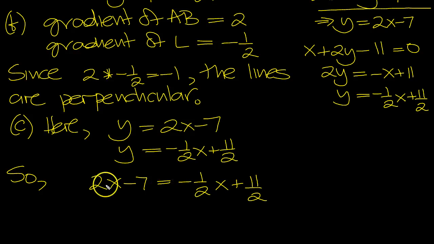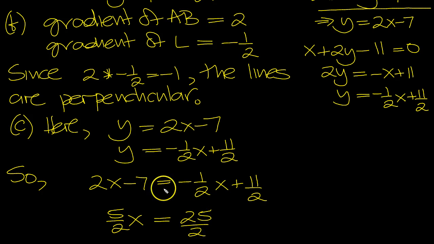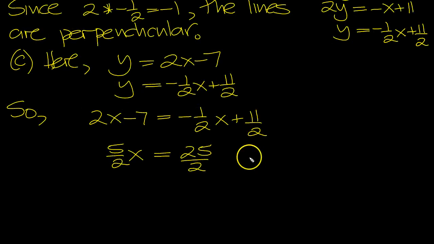Move this over here, so it becomes plus a half. So 5x over 2, 2.5x's. Move the 7 over is plus 7, which is 14 over 2, plus the 11 over 2 that's there is 25 over 2. The other way to think about it is 7 and 5.5 is 12.5, when this is moved over to become a plus. 12.5 is 25 over 2.